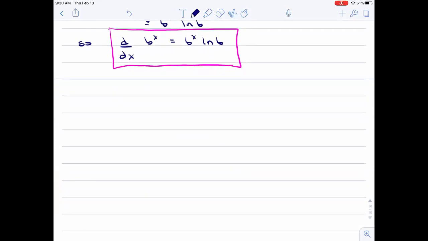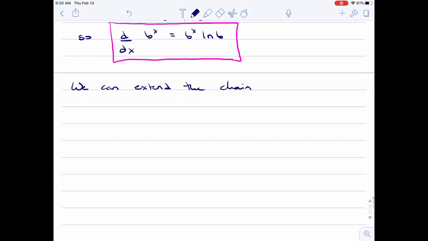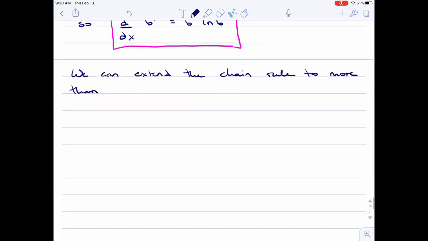So far we've only talked about the chain rule with 2 functions, but of course we can extend it to many, many functions, hence the idea of the chain rule. So you start from the outside and work your way in. So we can extend the chain rule to more than 2 functions.